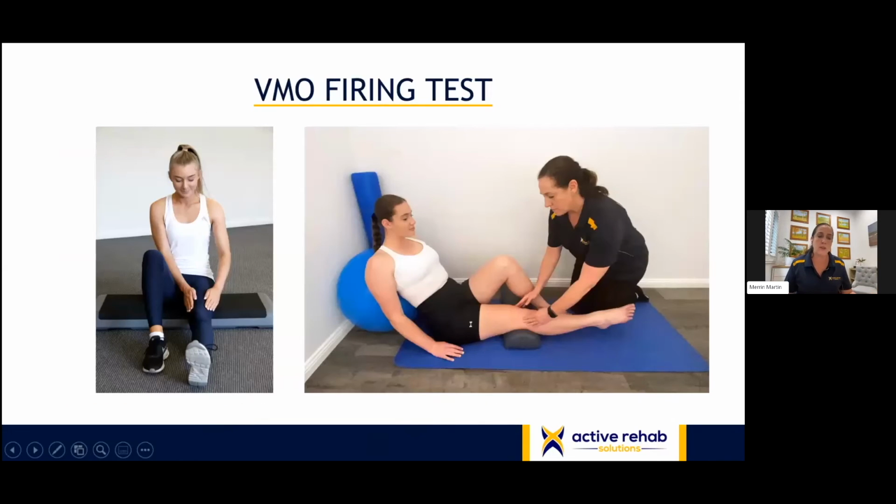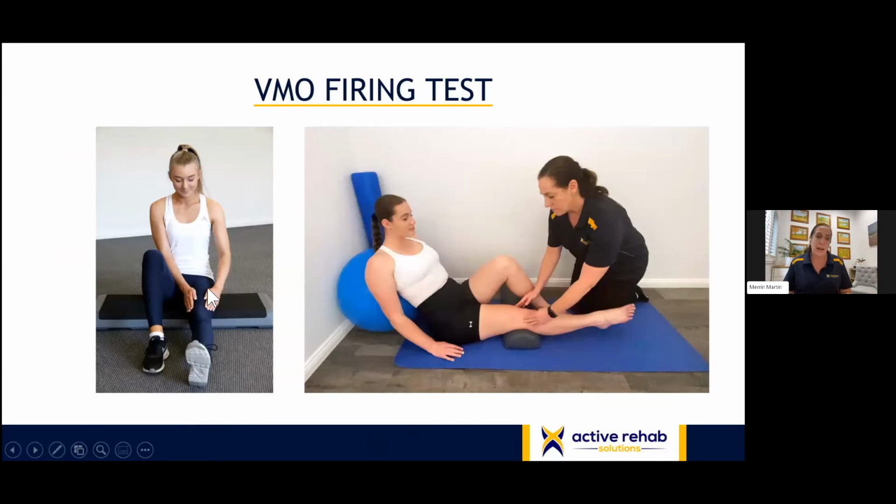And the other thing that you could do just to check whether your VMO is functioning well, or to check for imbalance between the inside versus the outside quadricep, is to place both of your hands onto your quad muscle, like in this first picture here Jess is doing.